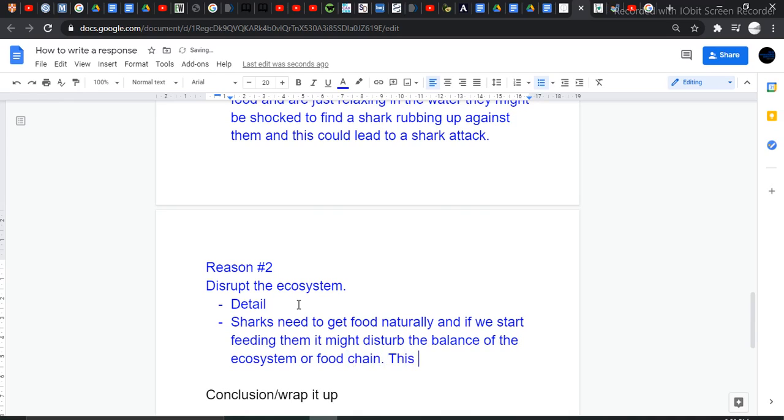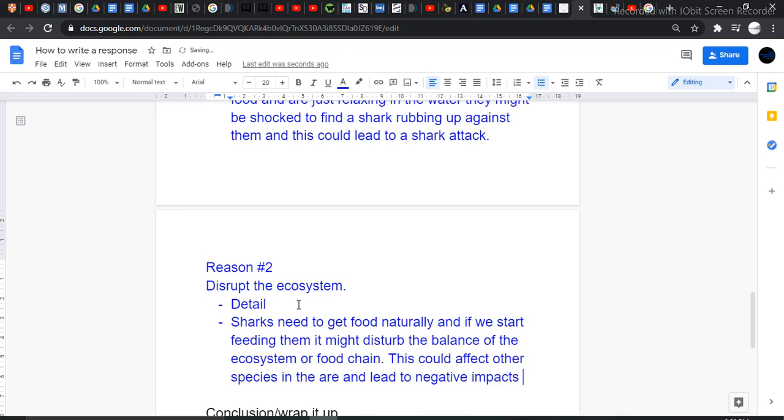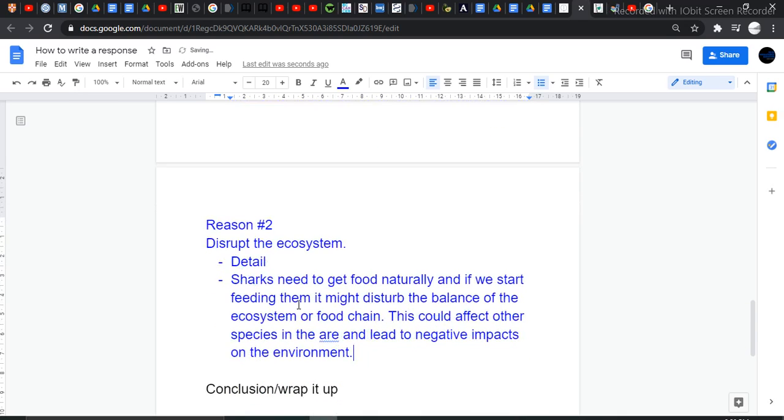This could affect other species in the area and lead to, we talked about negative impacts before, this could lead to negative impacts on the environment. And that would be my detail for reason number 2.